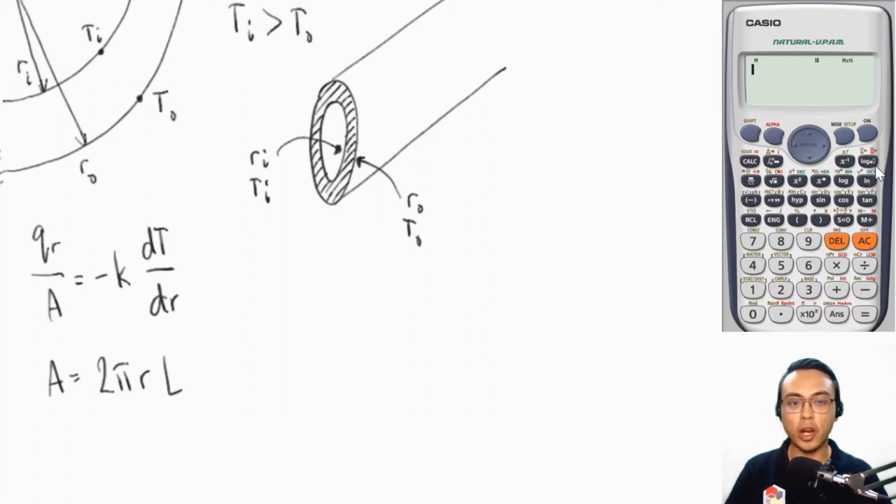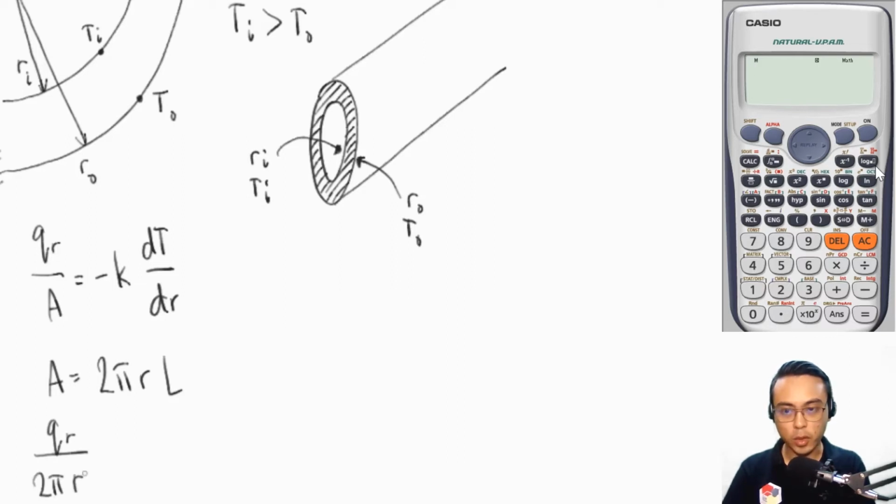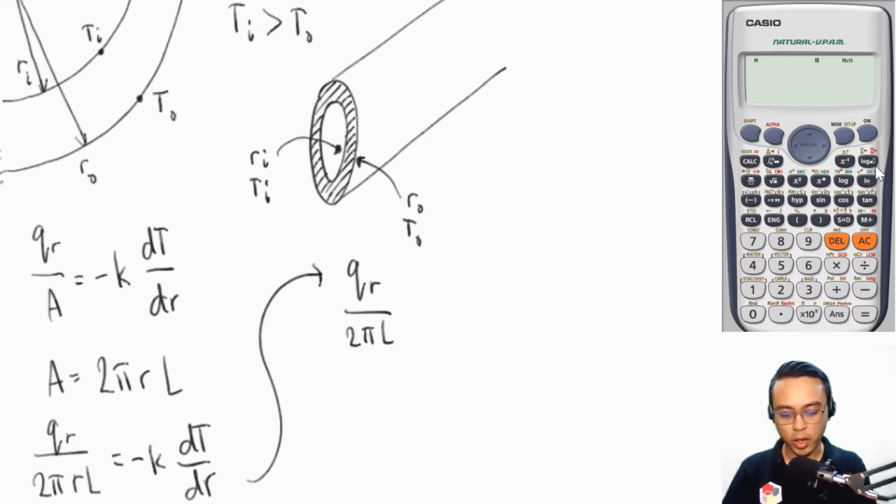So if we substitute area into Fourier's law, we get Q sub r over 2 pi r L is equal to negative k dT over dr. Now let's separate the variables. We have a collection of the constants, Q sub r over 2 pi L, multiplied by dr over r is equal to negative k dT.